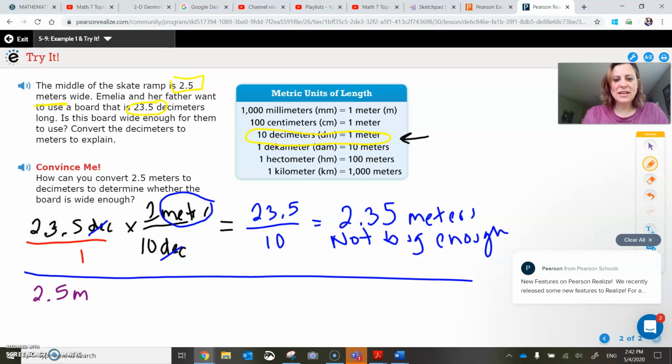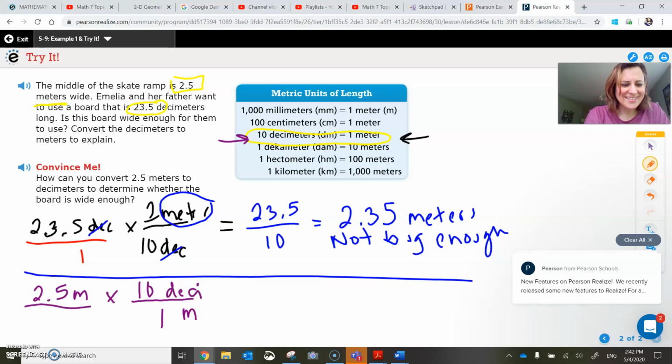So we're going to use this same conversion rate over here, and we're going to do multiplication again. We definitely know we want meters to be on the bottom so that those two meter words can cancel each other out. And so it's going to be 1 meter on the bottom and 10 decimeters on the top.